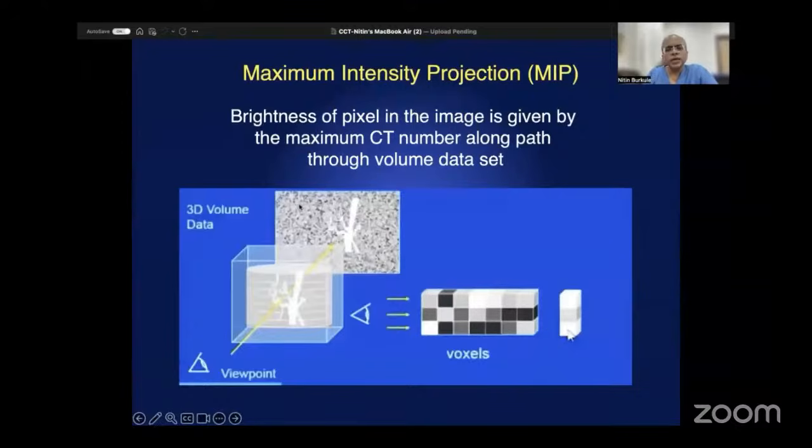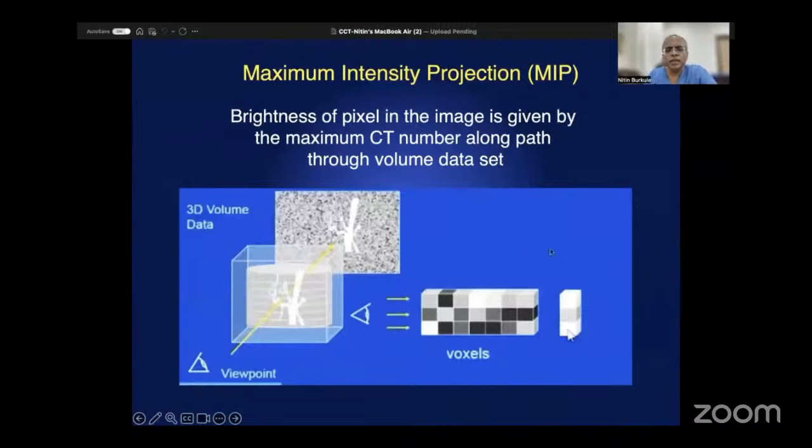Now, there are different ways of reconstructing the image, and one of the ways is called maximum intensity projection, or MIP. How does the computer reconstruct those images?